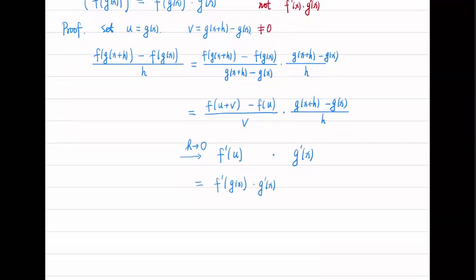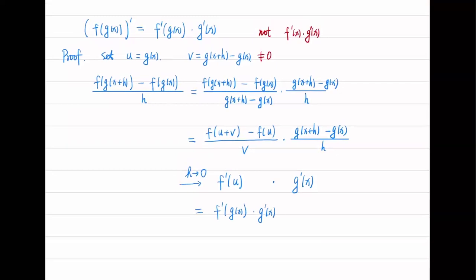Okay, so this is our proof of the chain rule. The derivative of the composition is a product, but not the usual product. It's a product of this at g of x, not at x. Very big difference.